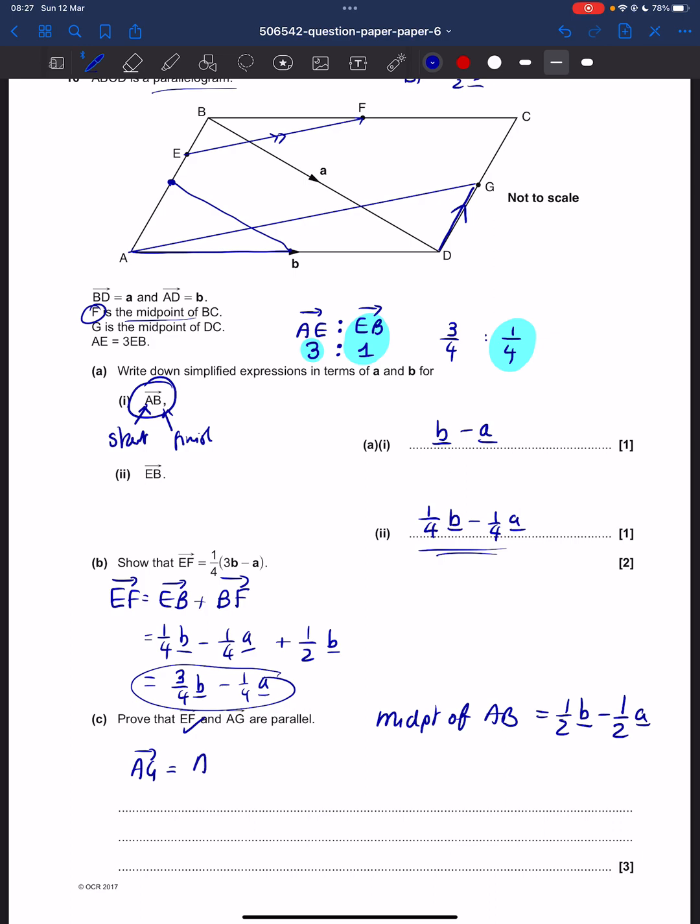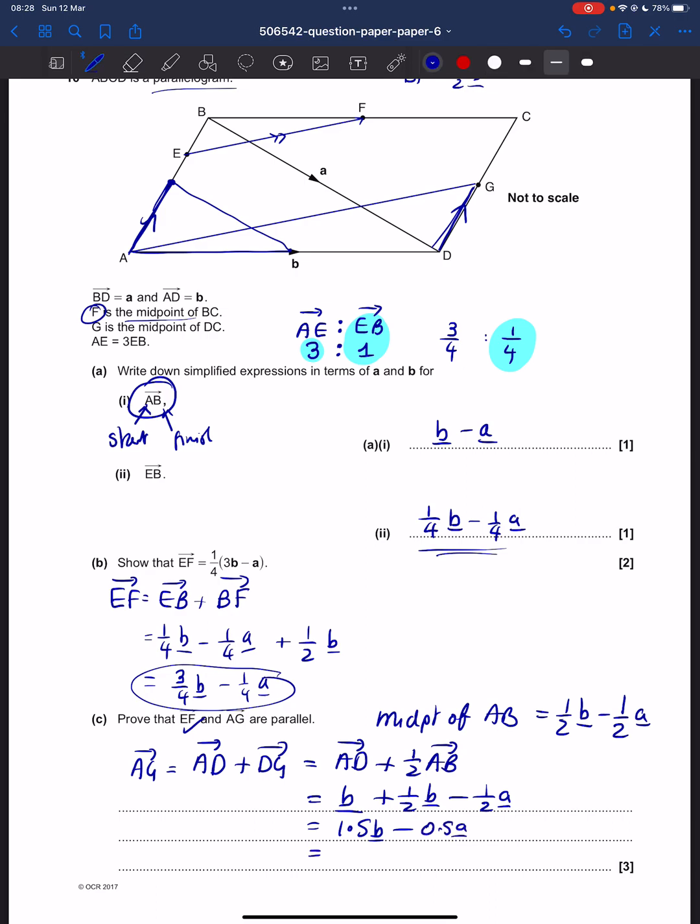A to G is A to D plus D to G. Okay. Now D to G is the same as A to D plus a half of A to B, because of the parallel there and there, halfway. So A to D is b, and then half of AB is a half b minus a half a. So this is actually going to be 1.5b minus 0.5a.